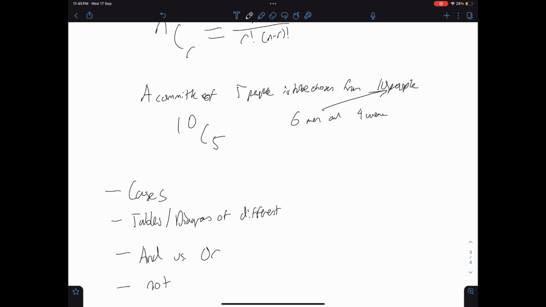It could be any of these 6 men. So we would have to do a 6 choose 2 and then a 4 choose 3. And if that wording was unclear, if it was like "at least", then you'd have to do 6 choose 3 times 4 choose 2 and then so on.